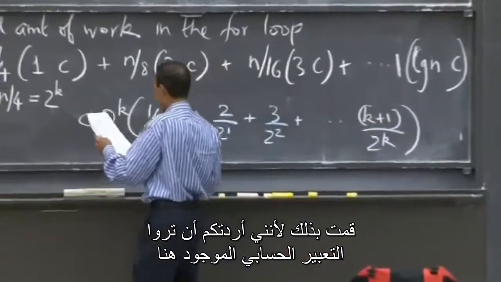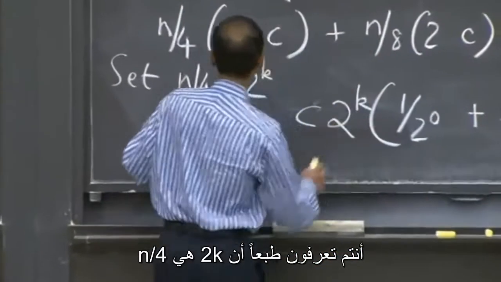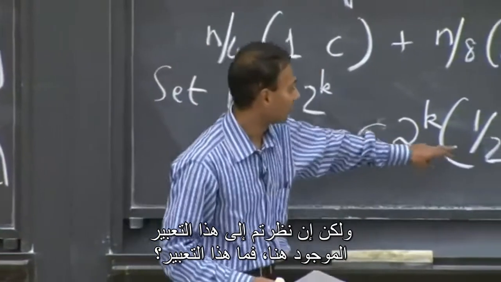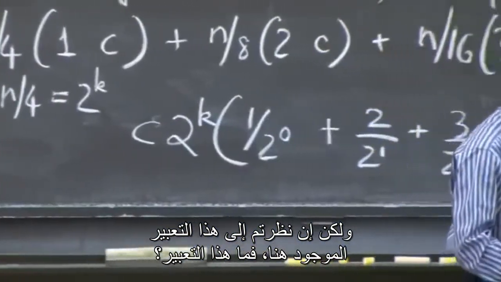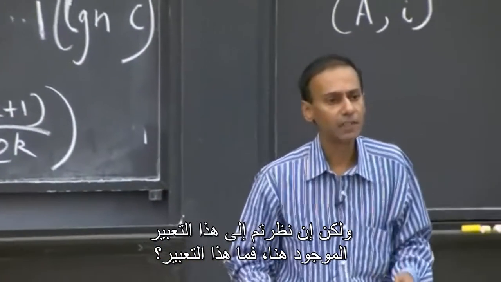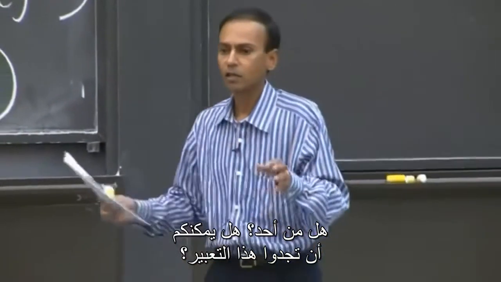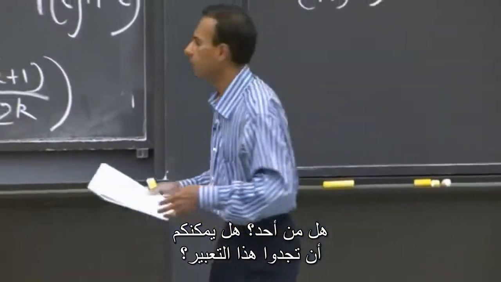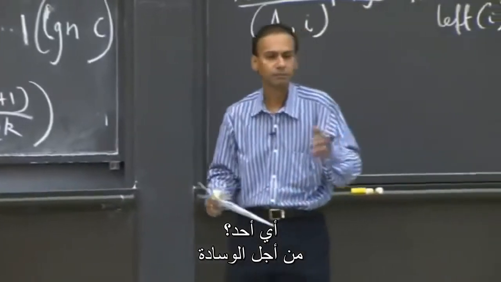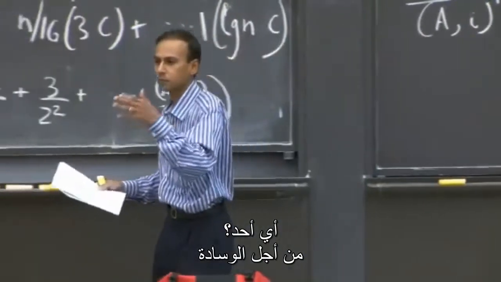The reason I did this is because I wanted you to see the arithmetic expression that's in here. We do know that 2 raised to k is n over 4, of course. But if you look at the expression inside here, what is this expression? Can you bound it?